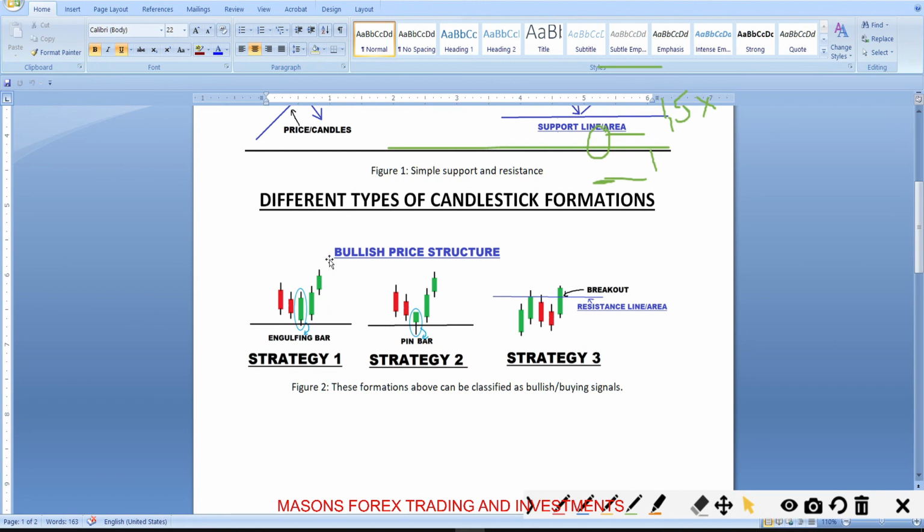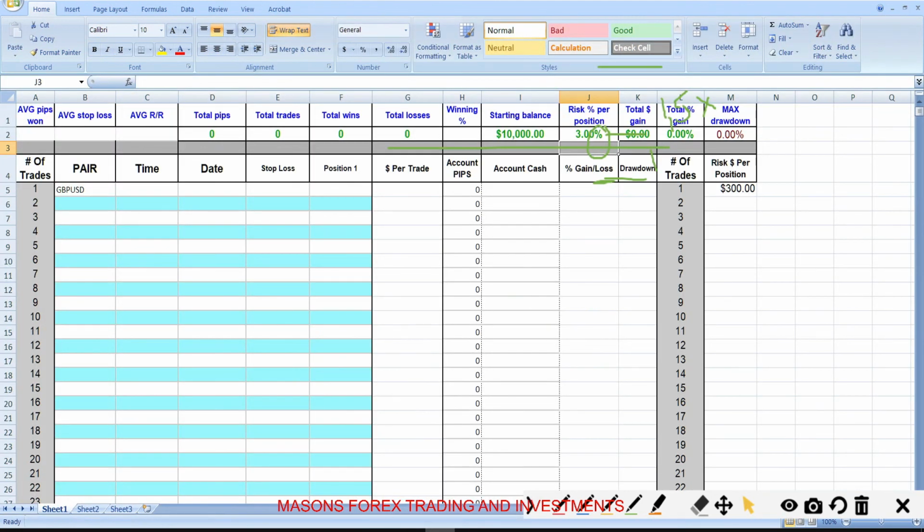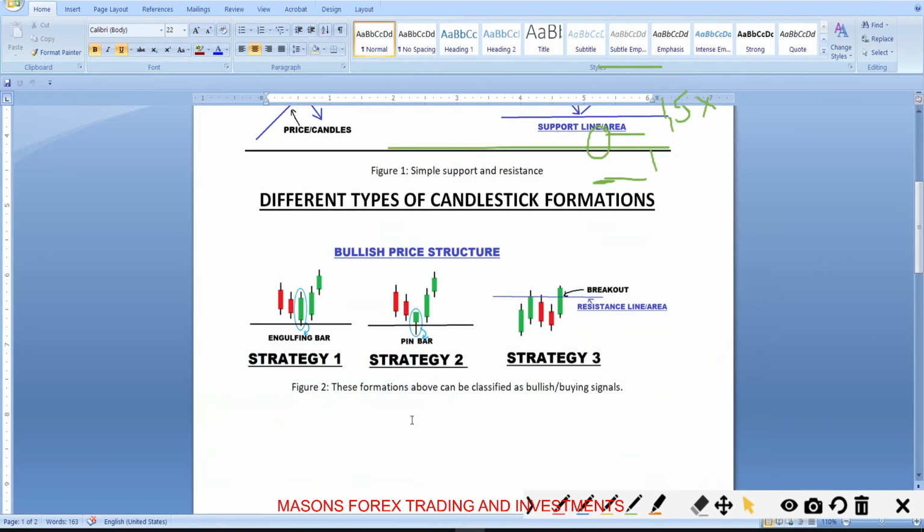Or if you want to specifically test the engulfing bar, that whole document with your returns can be called engulfing bar or pin bar strategy, but have it all documented, and you can test your system 2 or 3 times. What that means is, if you're testing the engulfing bar, you can test it 2 or 3 times again, so that you are trying to engrave the skill in you.